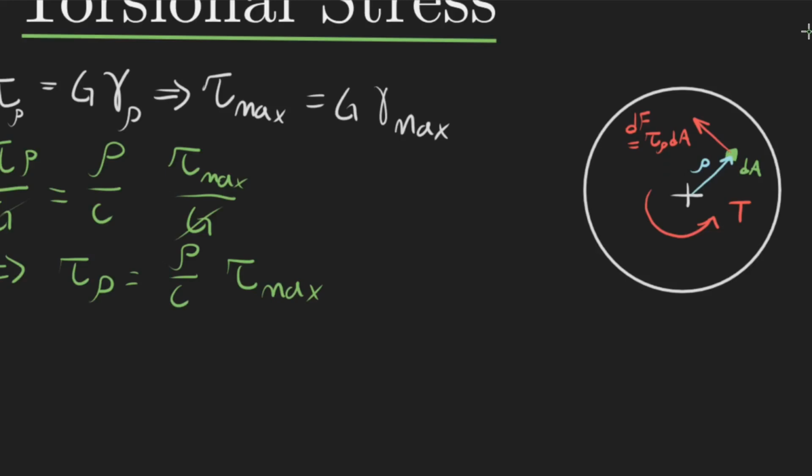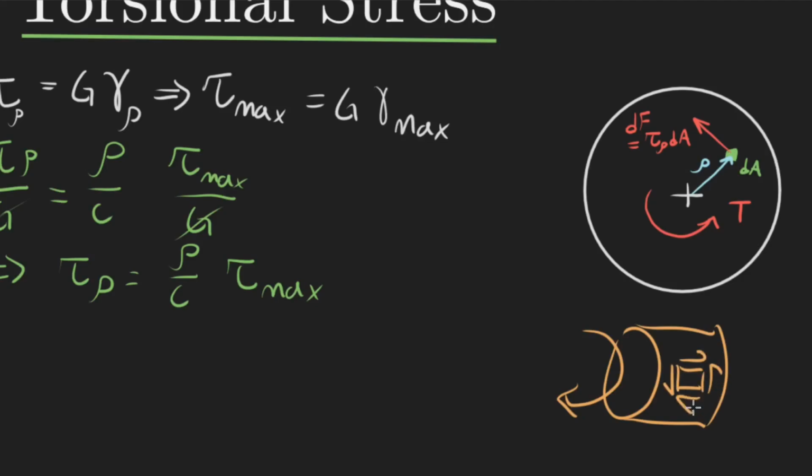Now real quick, just to make sure you understand what's going on, if we had a circular slice like this, the shear stress of some element is basically going to be, if I had a torque in this direction, then we would expect it to have a shear stress this way, and that would also imply this way and this way. But remember that this is really just a shorthand for a 3D element.